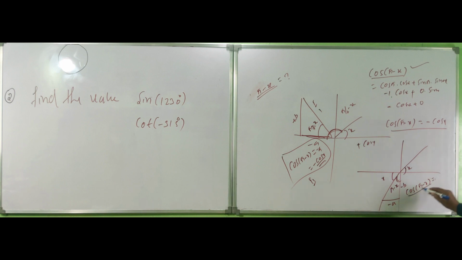If I take this quadrant, the adjacent side is minus b, and this gives minus sin x, so this is not equal. So I have to take pi minus x here only. If it is x, then I take this as x, but they have taken this as pi by 2 minus x.